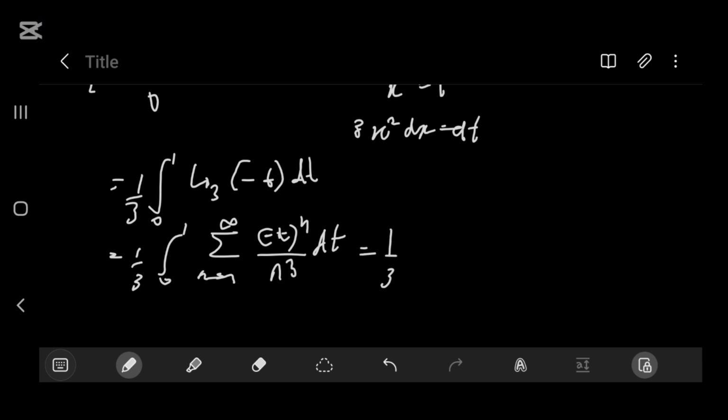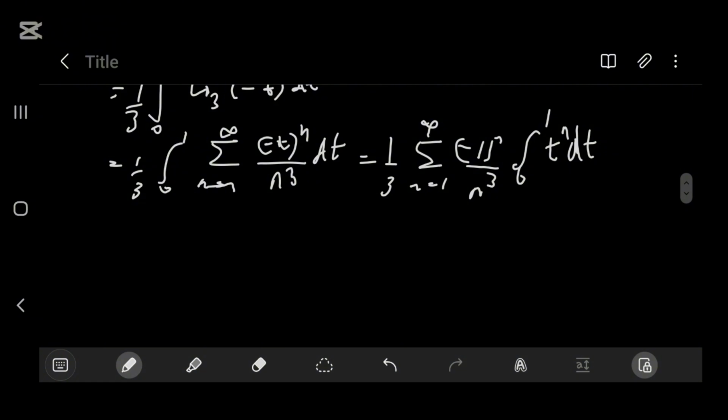We can take the sigma outside the integral, and we'll have the sum from n equals 1 to infinity of minus 1 over n cubed times the integral from 0 to 1 of t to the power n dt. So we'll have 1 over 3 times the sum from n equals 1 to infinity of minus 1 to the power n over n cubed.